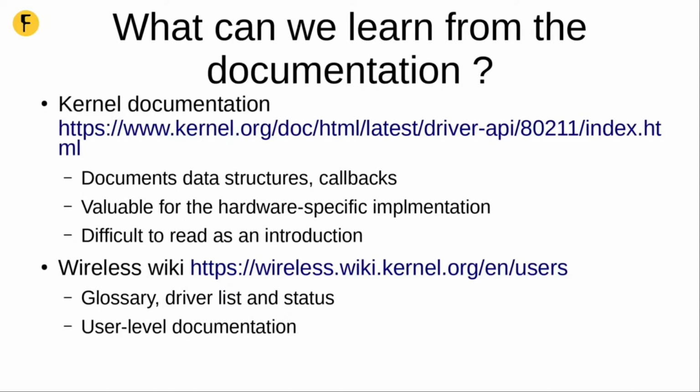And the moment when we'll be addressing some specific hardware, that is very, very helpful because we can find the way to represent the hardware features. However, I find that this part of the documentation is quite hard to read as an introduction.